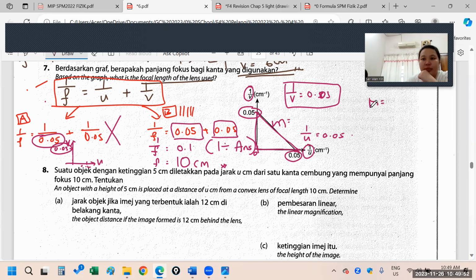Gradient of the graph means change in y over change in x. So it's 0.05 divided by 0.05, and you will get 1.